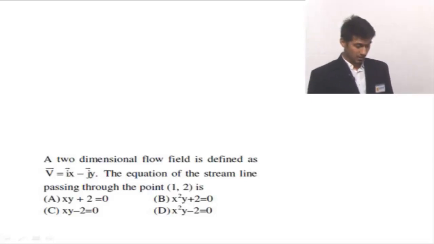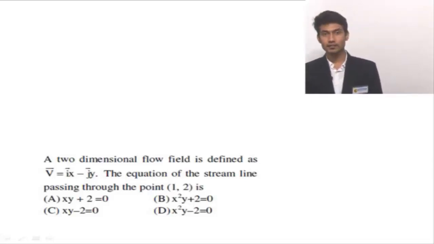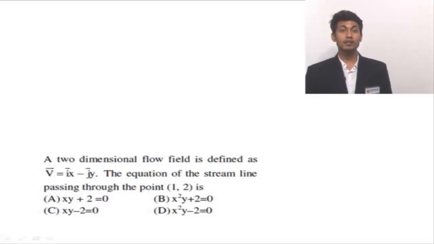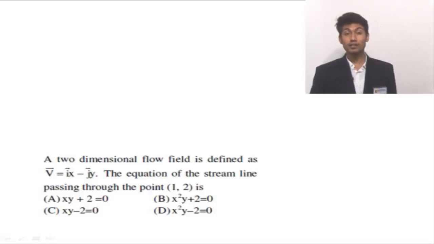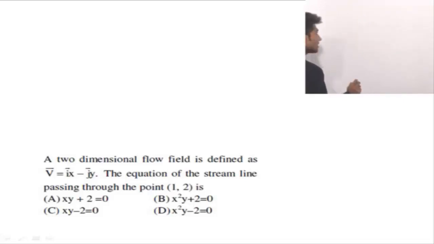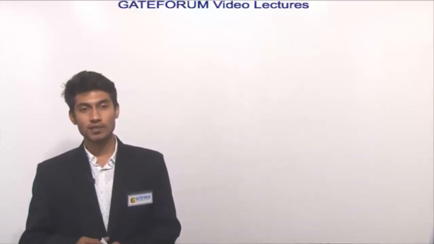Now you are given a velocity vector in that field, and from that velocity vector you need to calculate the equation of streamline, and for that you are given a constraint that that particular streamline is passing through a point 1, 2. Four options are given: xy plus 2 is equal to 0, x square y plus 2 is equal to 0, xy minus 2 is equal to 0, and x square y minus 2 equal to 0.